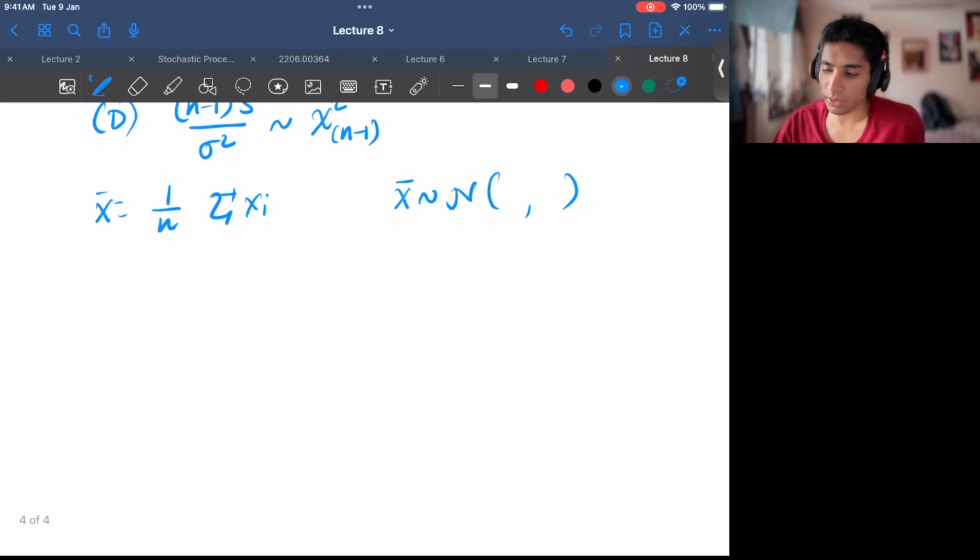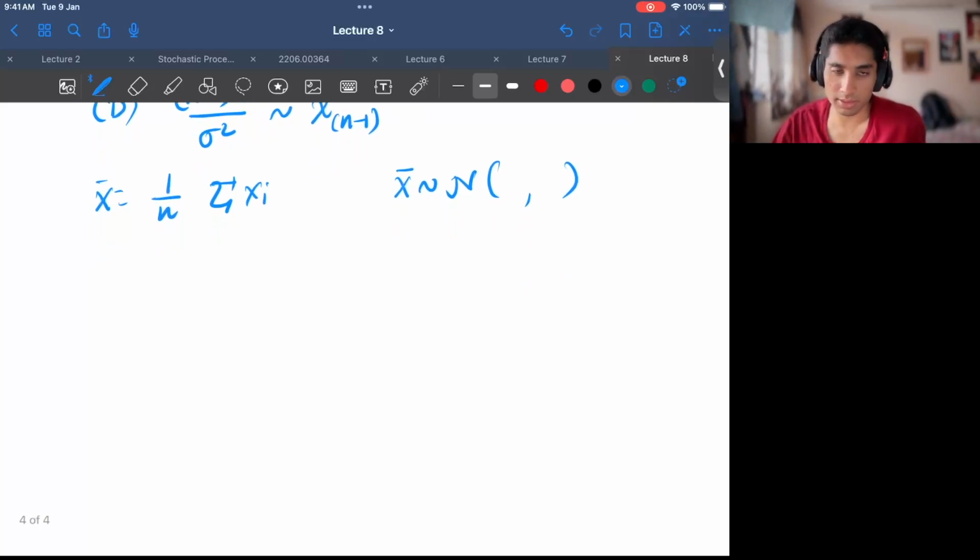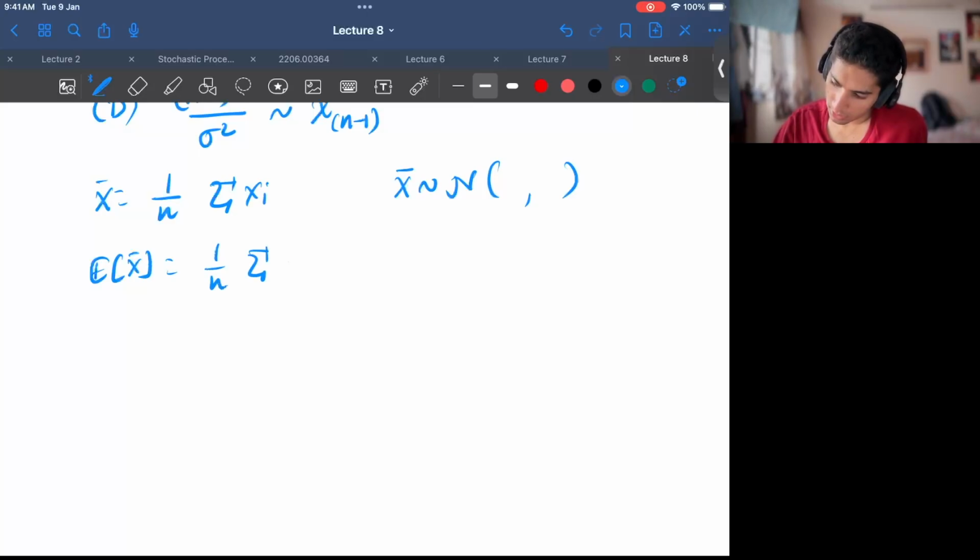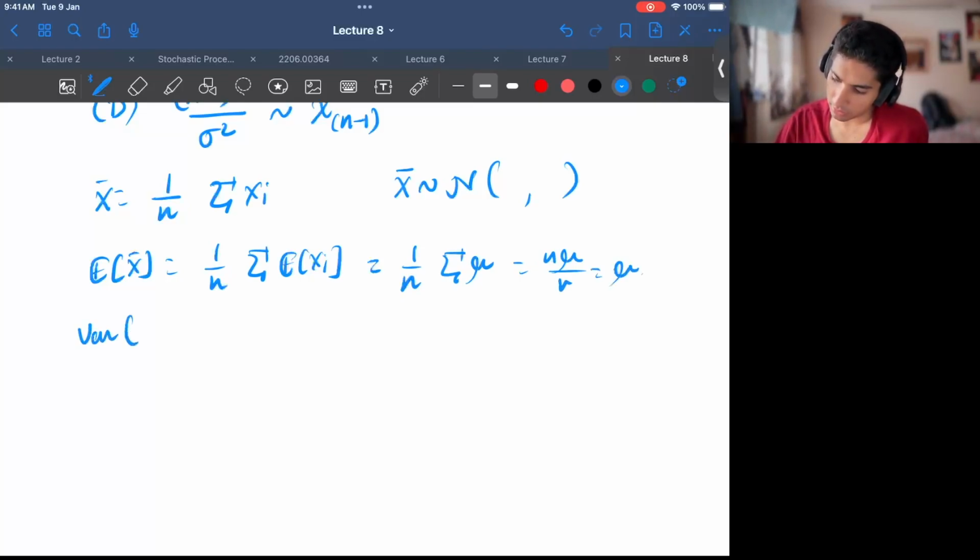However, the thing is, what is the mu and sigma of this normal distribution? For that, you take the expectation of x bar. It will be 1 over n summation expected value of xi, because xi's are independent. And we know that this is 1 by n summation mu. And this will become n mu by n, and this will become mu. Right? Similarly, variance of x bar, what will that become?